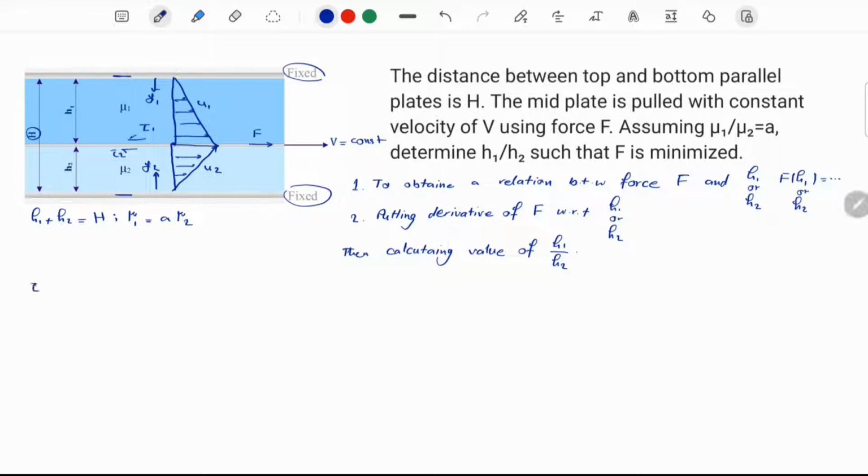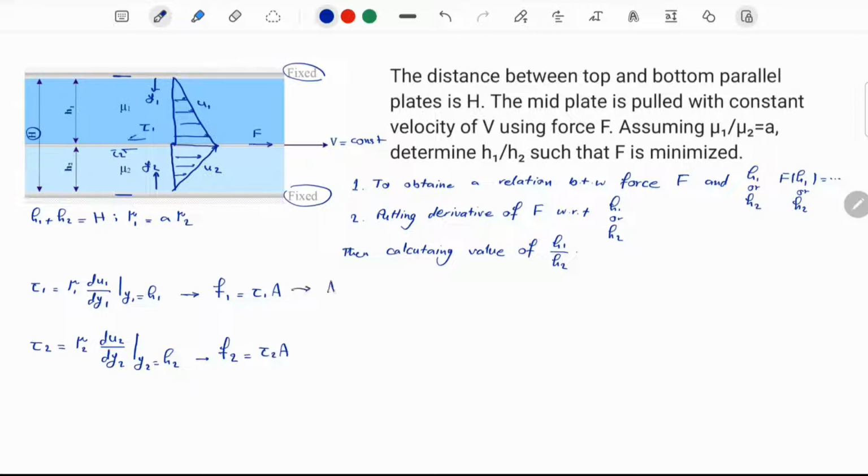So tau1 equals mu1 du1 over dy1, and tau2 equals mu2 du2 over dy2, both evaluated at the mid plate, y1 equals h1, y2 equals h2. The associated force for tau1 is F1, which equals tau1 multiplied by A, and for tau2, F2 equals tau2 multiplied by A. What is A?